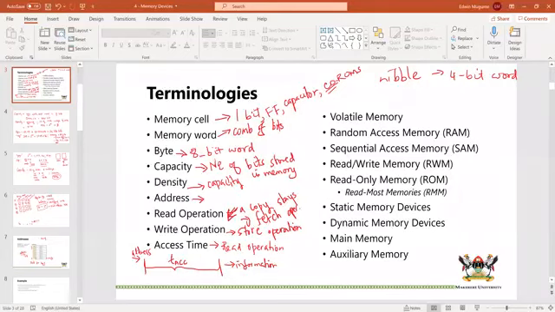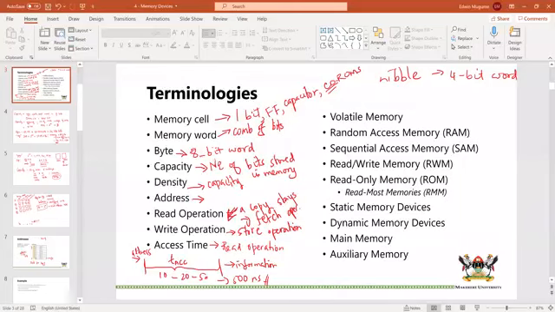CMOS devices tend to be faster than bipolar and NMOS, but in general we are talking about nanoseconds, somewhere between 10 to 20 to 50, some even up to 500 nanoseconds, but still very fast.